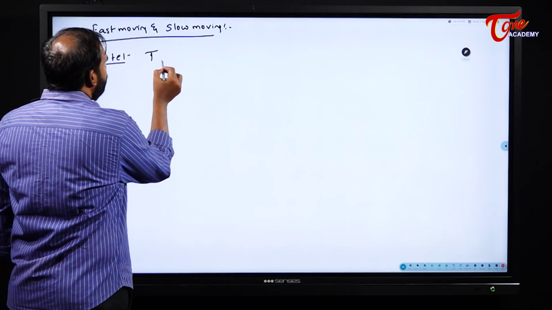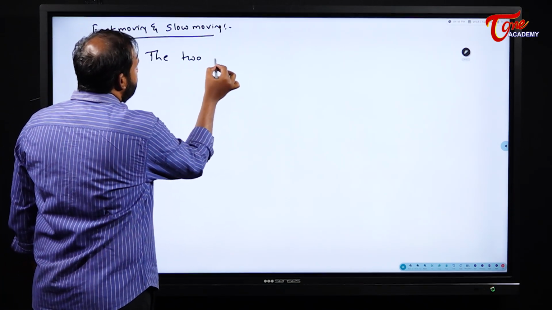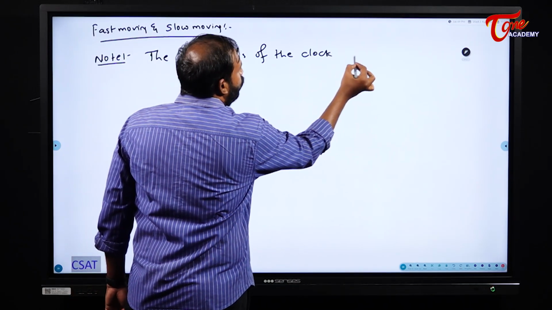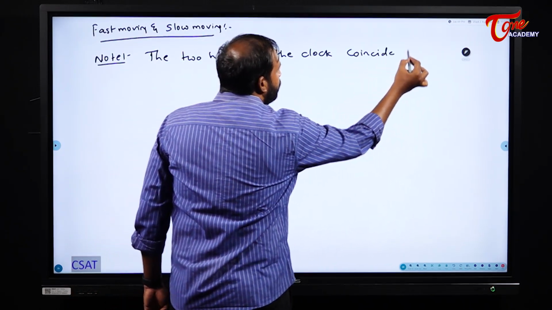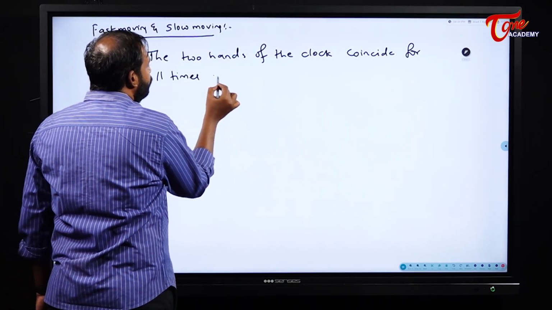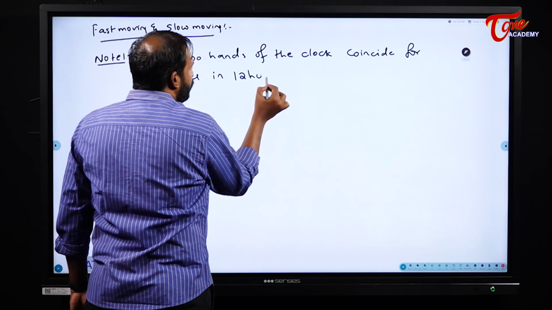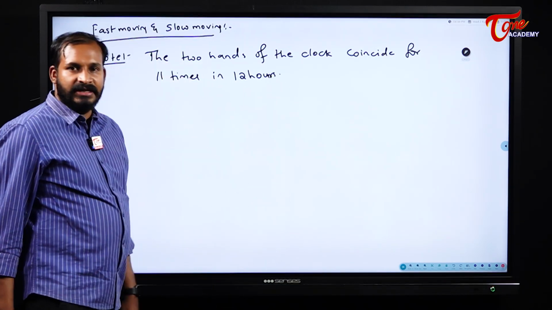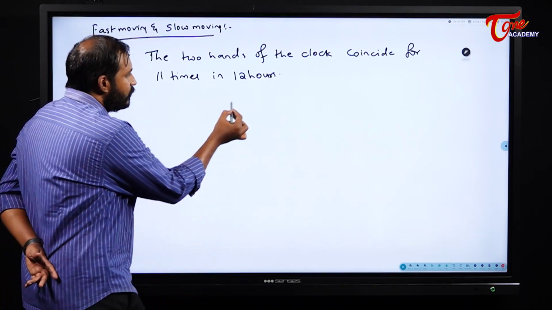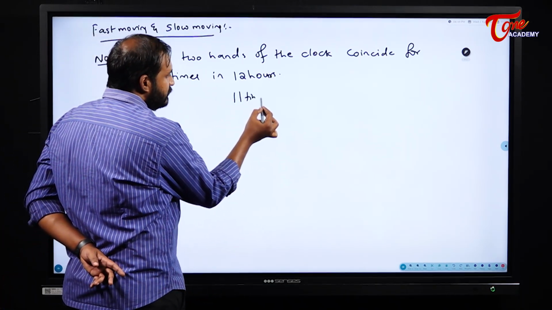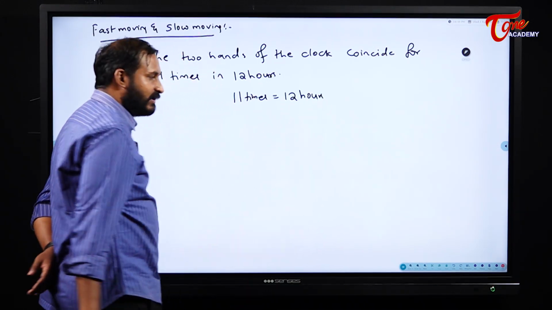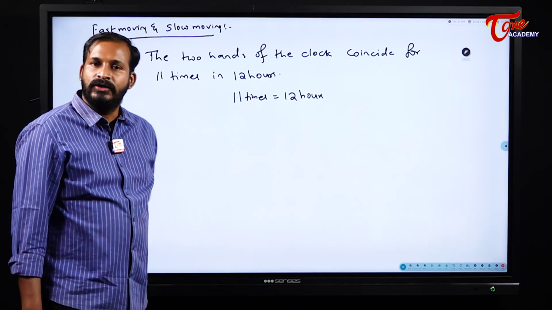The two hands of the clock coincide 11 times in 12 hours. We already know this logic. What is the reason behind that? At 12 o'clock we are losing one coinciding point. Okay, good. So to coincide 11 times, how much time does it take? 12 hours.